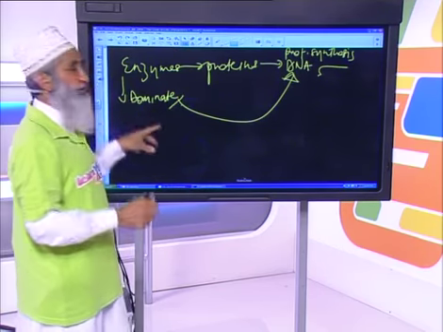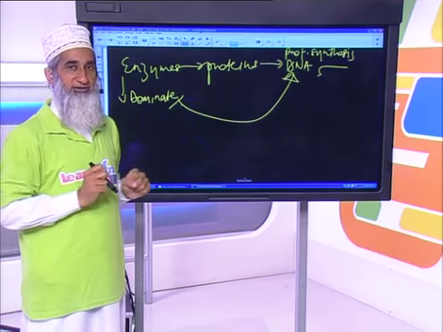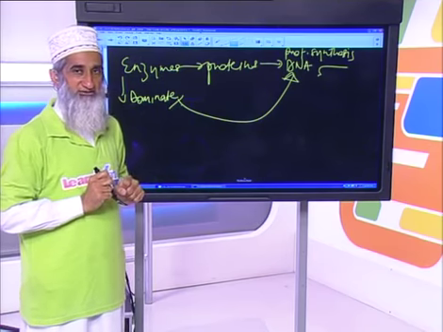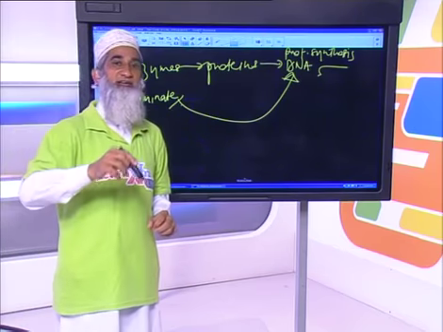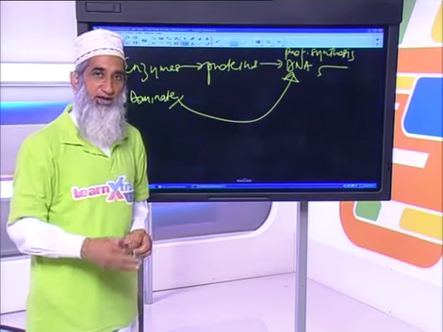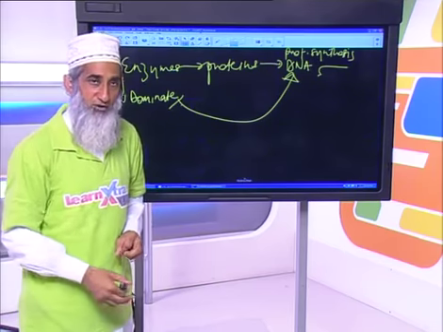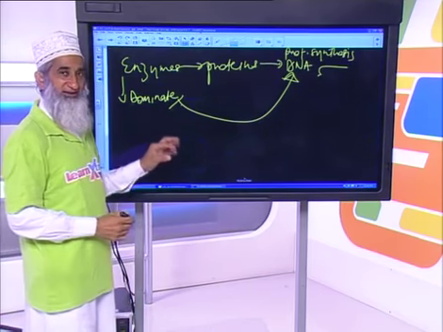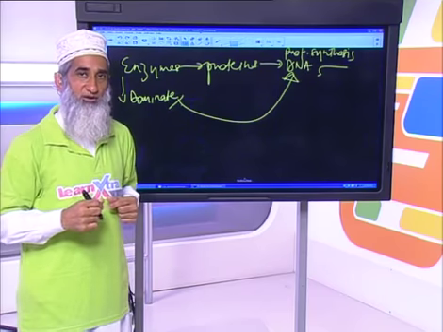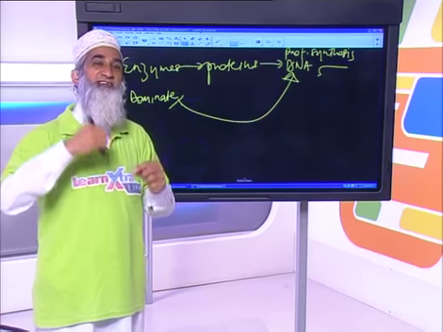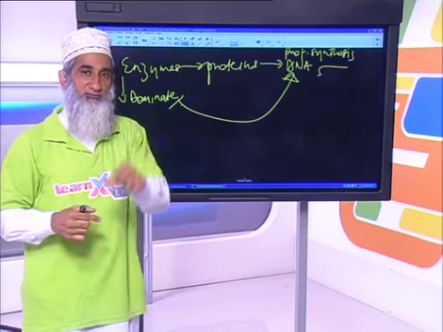It's not dominating the DNA as such. In DNA replication, transcription and translation, all the enzyme does is catalyze the reaction that takes place. What do we mean? It speeds up the reaction that's going to take place.